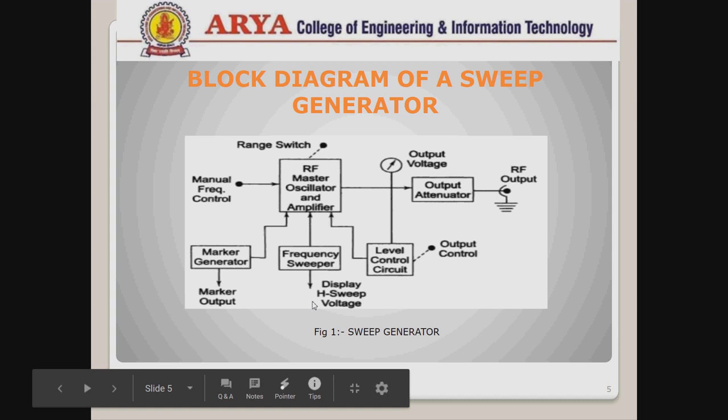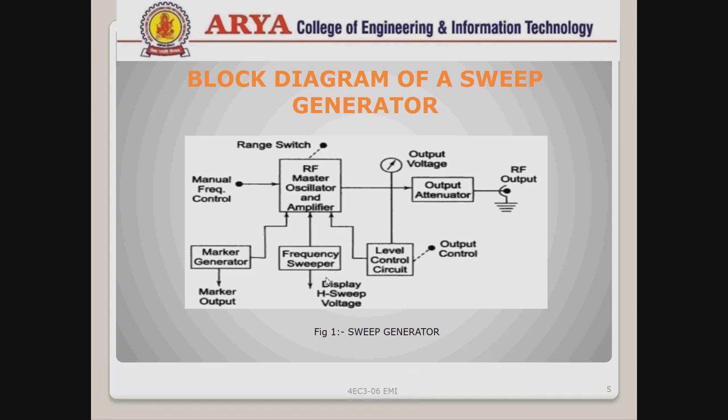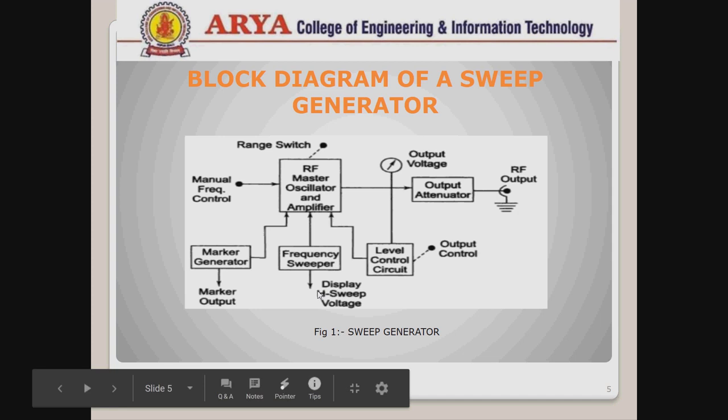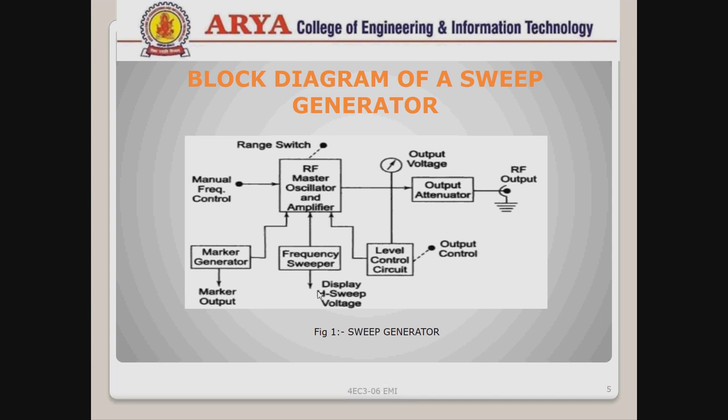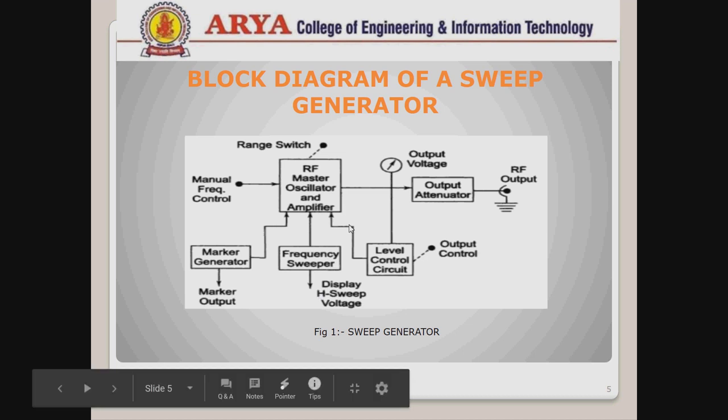The other output of this frequency sweeper provides a varying sweep voltage for synchronization to drive the horizontal plates of the CRO. Thus, the amplitude of the response of the test circuit will be plotted and displayed on the CRO screen.